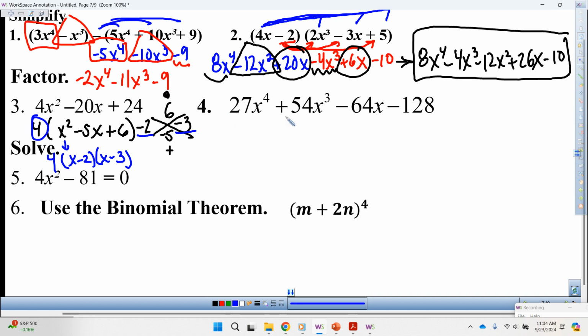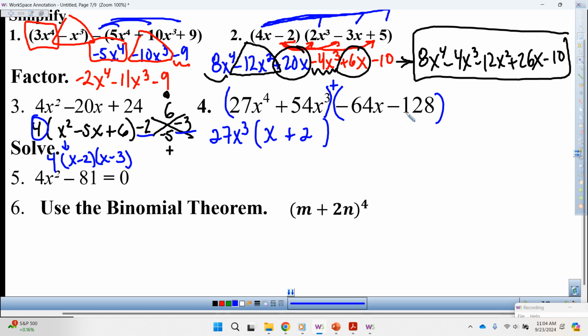Number 4, is there a GCF? No. Is it a standard form? Yes. So I group these 2, and I group these 2. Factor by grouping. All right. Question, what is GCF for these 2? 27x to the 3rd, right? So if we divide by 27x to the 3rd, we're left with x plus 54 divided by 27 is 2, and x to the 3rd is out here.